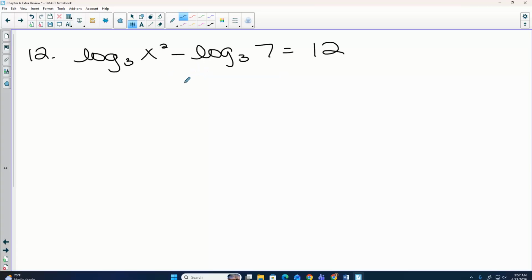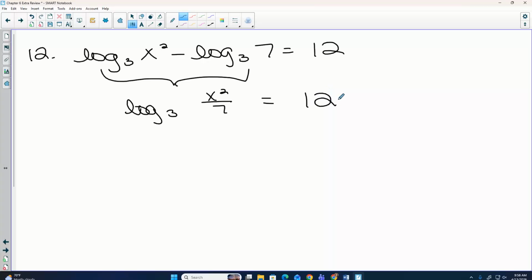Any problem starting with logs, we have to begin by trying to condense. If I have 2 logs subtracted, how do I put them together? X squared over 7. Okay. My log problem, there's one of 2 options after this point. You condense any logs you can.